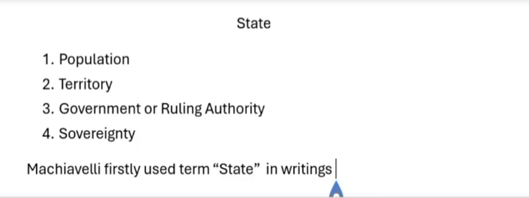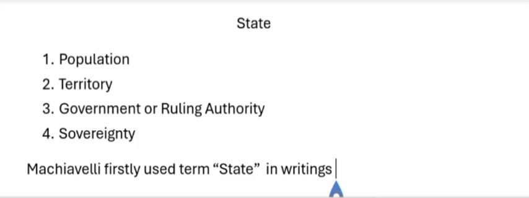All the states in all the continents of the world who are recognized states must have these four basic components or elements. The first and most important is the population, the people who have to live within a state.